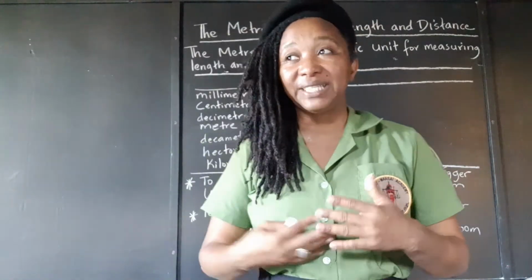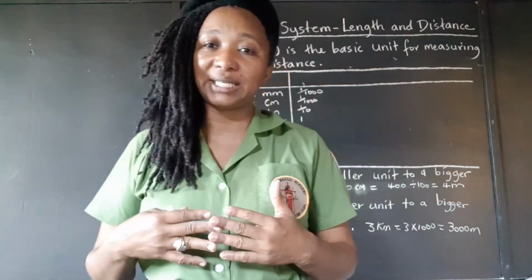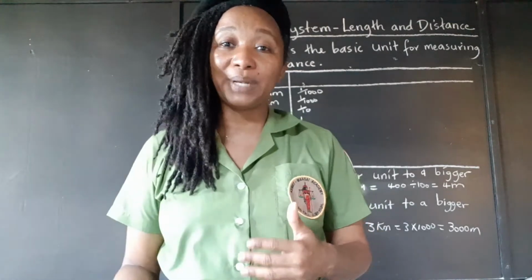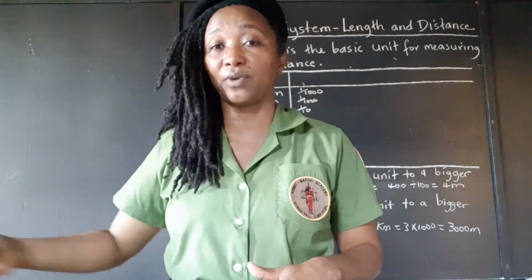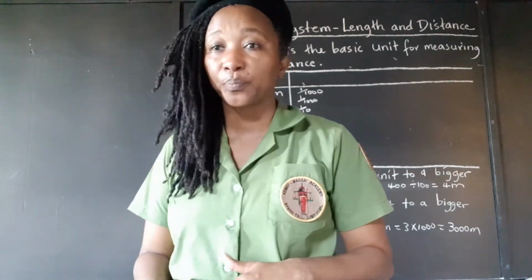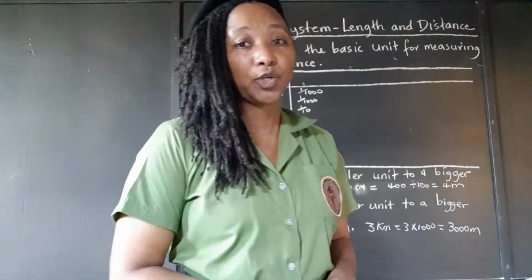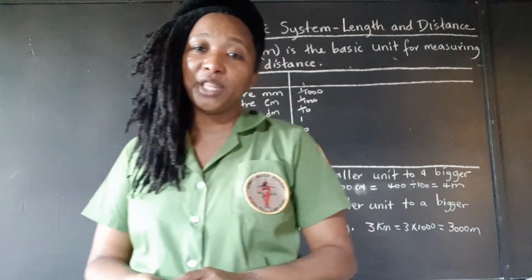And when we think of distance, what I mean by that is actually measuring from one place to the next place, right? From point A to point B. So that unit is the meter.